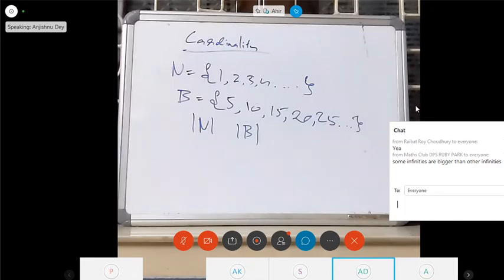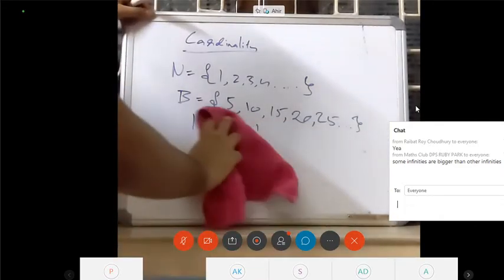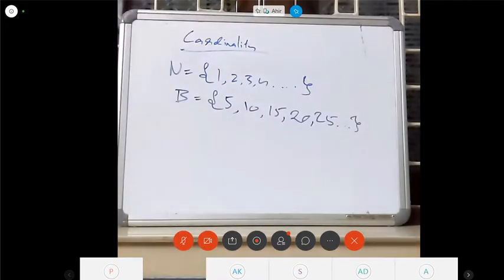Yes, the cardinality of both of them is infinity, but it's actually funny, you can say that they have the same cardinality. Because as we said, if we can establish a bijection from a set to the set of natural numbers, then both of them have the same cardinality.